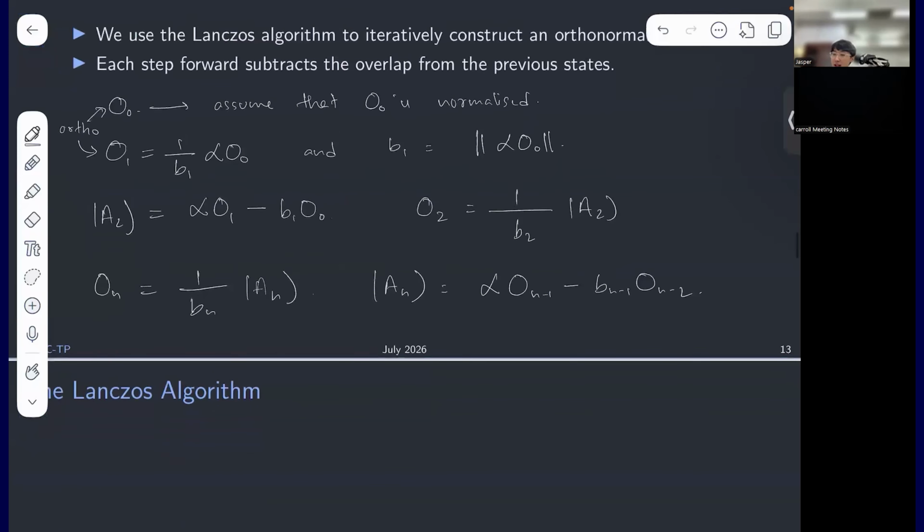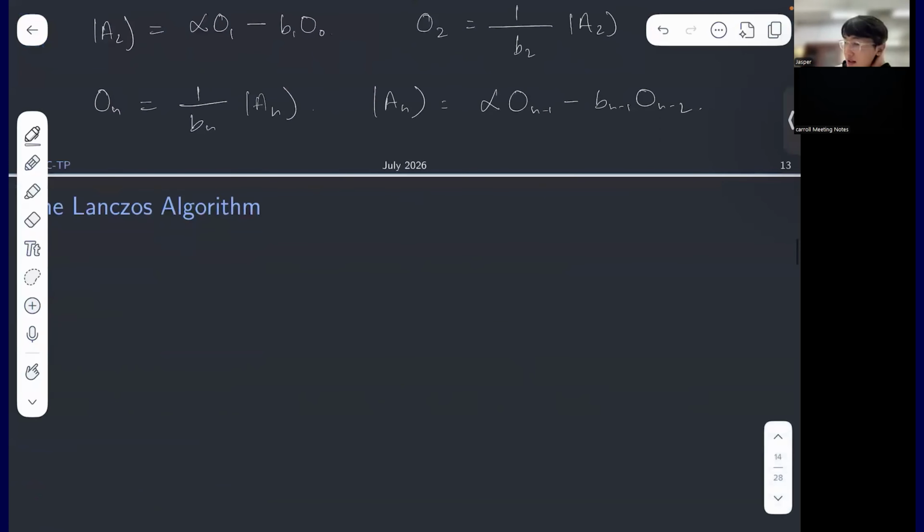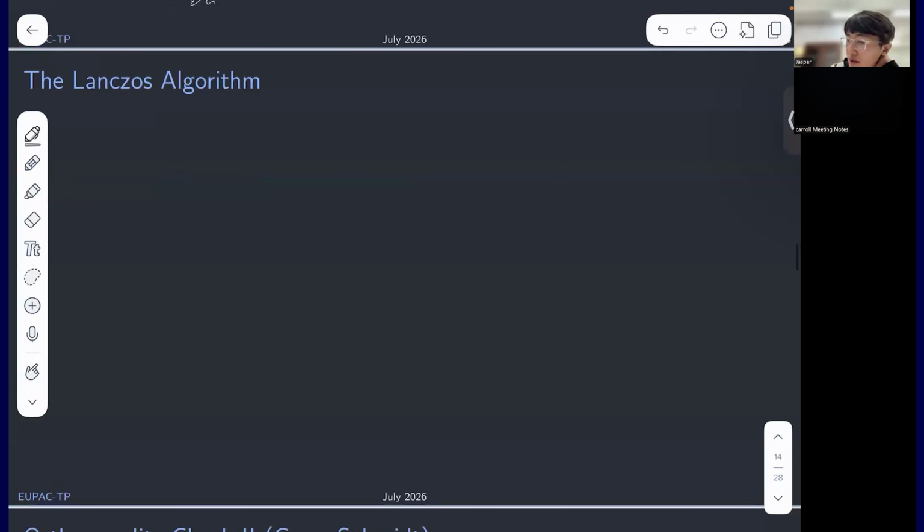But you can ask me, we have a set of O0, O1 to On. Is this orthogonal, right?